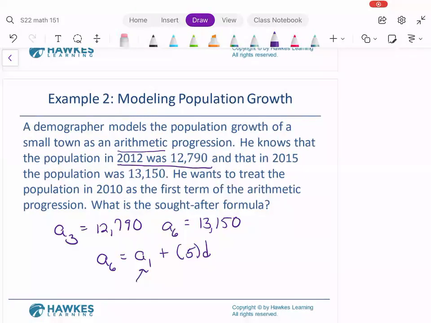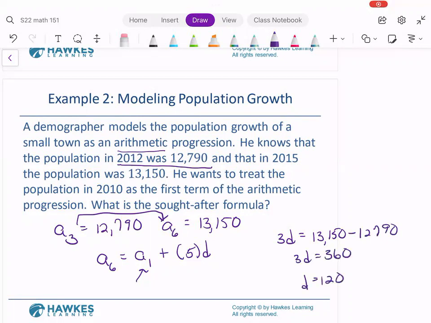Well, notice from here to here, it's 3 difference values. So we can calculate 3d is going to be 13,150 minus 12,790. So we get 3d equals 360 or d equals 120.